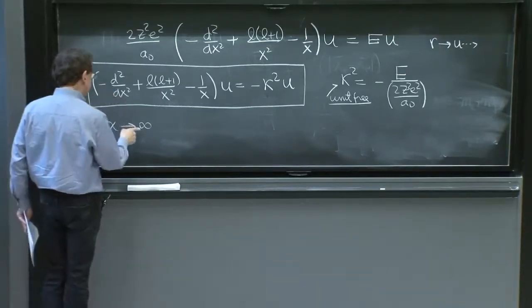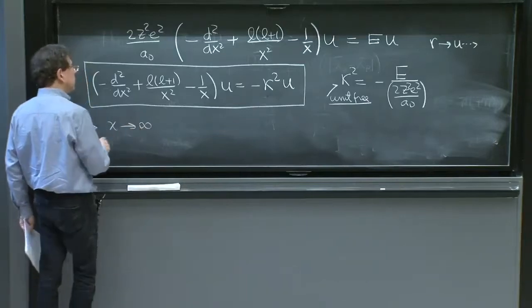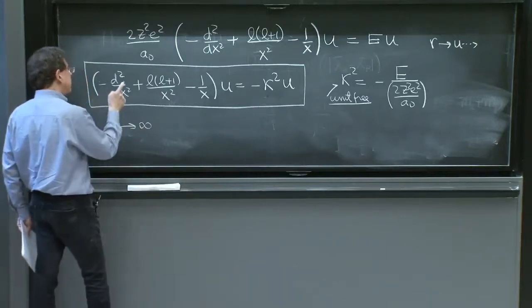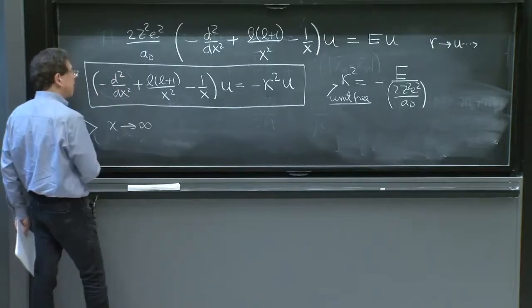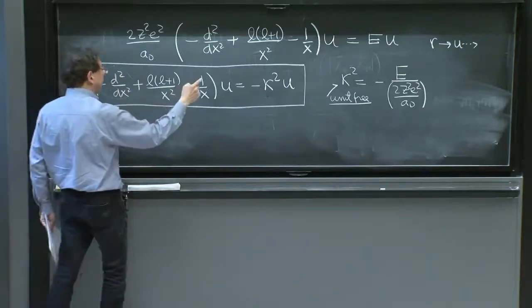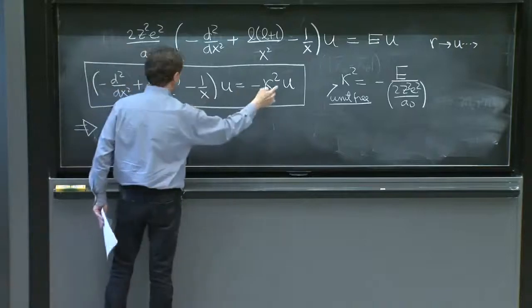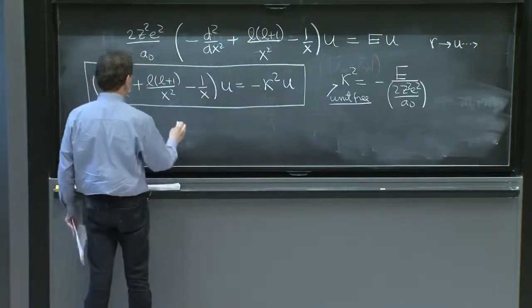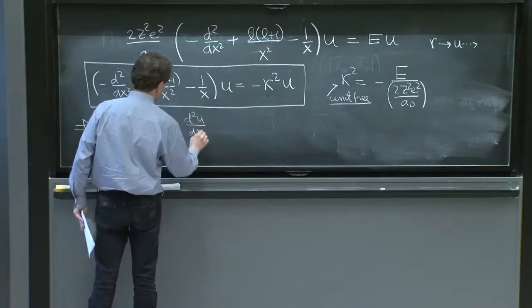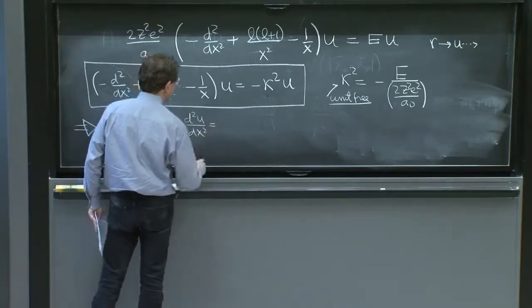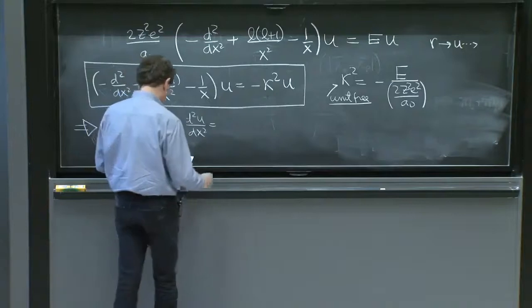As x goes to infinity, the differential equation probably can be approximated to keep this term, to see how things vary. As x goes to infinity, throw this, and keep that. So you would have the second derivative of u with respect to x squared is equal to kappa squared.